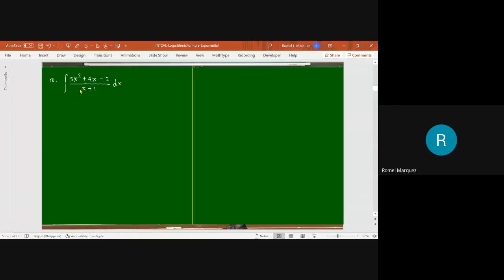Kung ang denominator ang ite-take nating U, anong du niya? Obviously, dx. Is it the numerator? Sobra-sobra. So much excess. So it's not x plus 1 as our U. Kung ang numerator naman, abay, anong mangyayari sa over x plus 1?